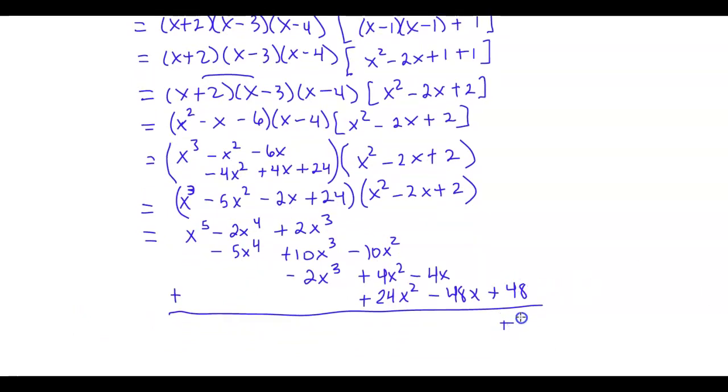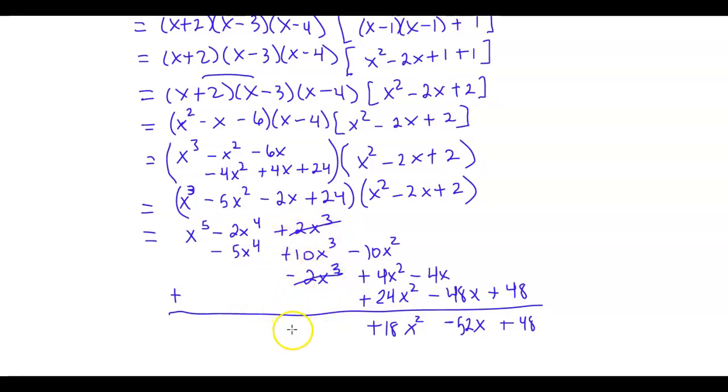So here, this will be plus 48. Negative 4x minus 48x is a negative 52x. And if I add 24 and 4, that's 28, minus 10 gives me a positive 18. So we have positive 18x squared. We have the 2x cubed and a minus 2x cubed.